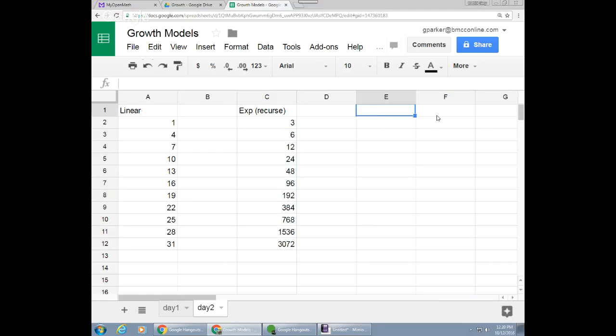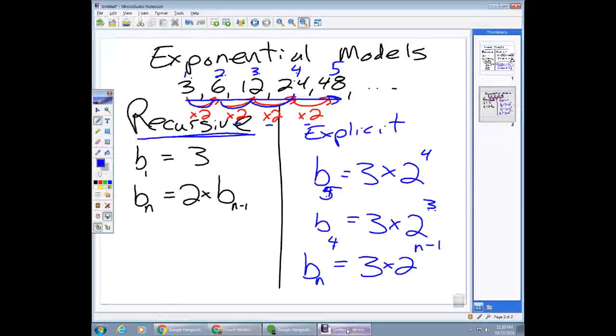If I want to do it explicitly, that would involve telling the computer about this formula down here, which means I have to point out where the n's live. Well, n is how I count, 1, 2, 3, 4.